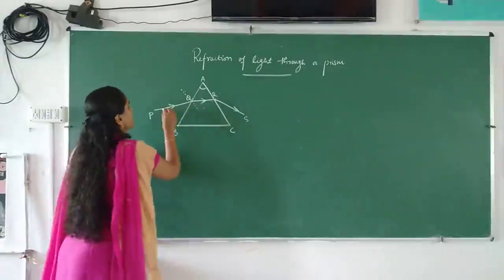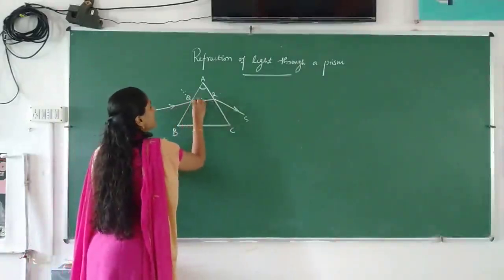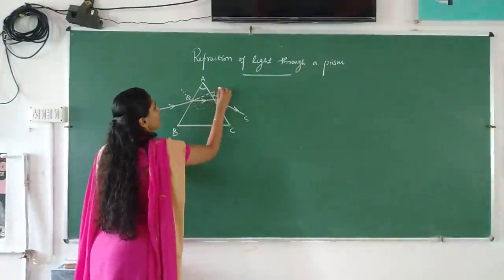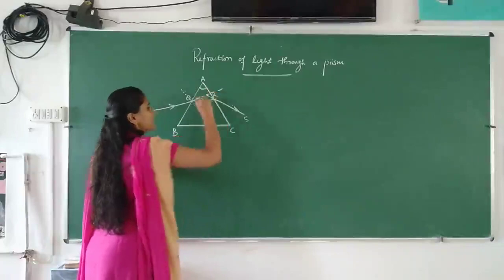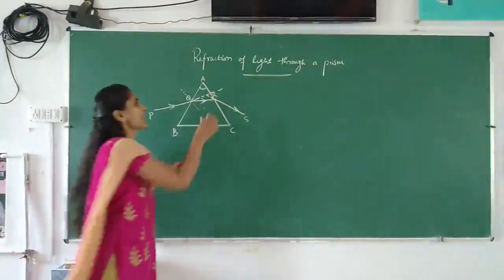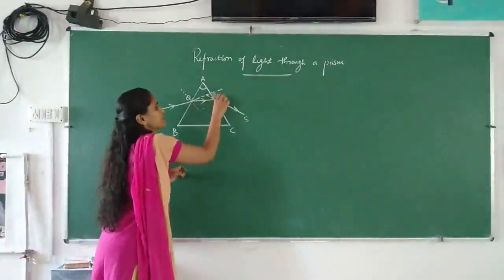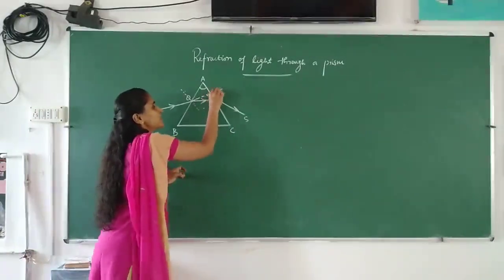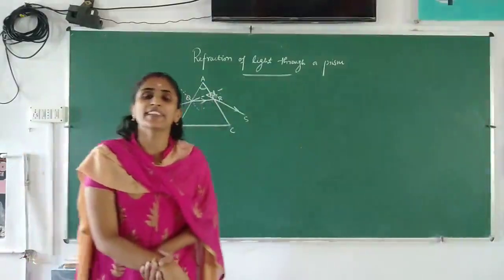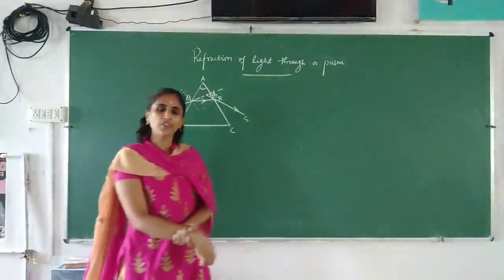If you extend the incident ray, you can see that this emergent ray and the extended incident ray make an angle. Here you can see an angle is made, and this angle is known as the angle of deviation. What is the angle of deviation?